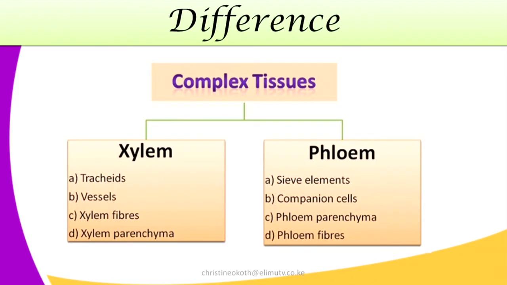That is just a breakdown of the composition. For example, in the xylem, we have the tracheids, the vessel elements, the xylem fibers, and the xylem parenchyma. Then the phloem tissue is composed of the sieve element and the companion cell. Those are the key main ones. Then we have the phloem parenchyma and the phloem fibers. You can see there are differences in terms of composition.